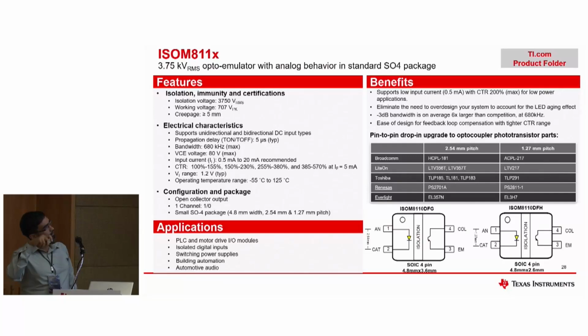Since we have multiple CTR offerings, the standard device, which is 8110, varies only between 100 and 150%. And this is guaranteed for lifetime, which does not require over designing and added complexity in the system when you use this part over the traditional optocouplers. Okay.